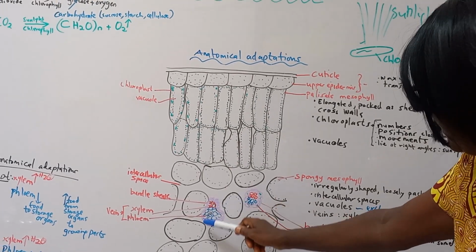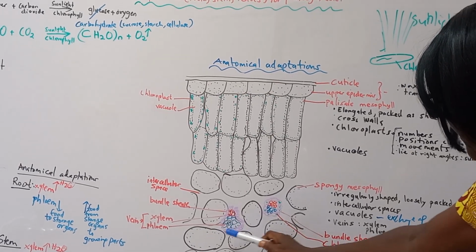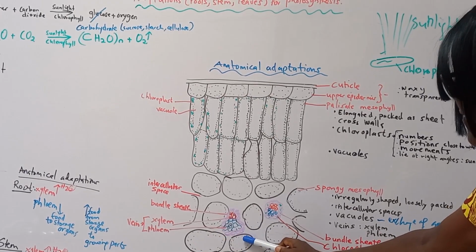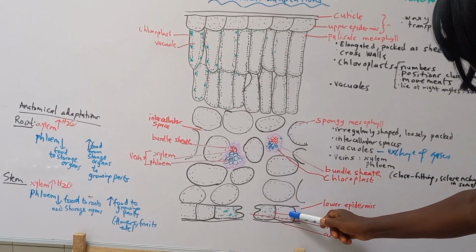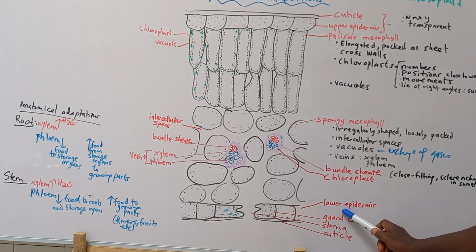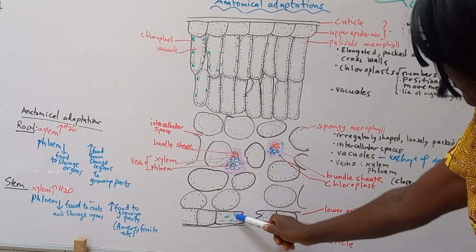Then the spongy mesophyll cells also have large vacuoles to store food manufactured. Then you have the lower epidermis, which is also modified for photosynthesis. The guard cells have chloroplast.